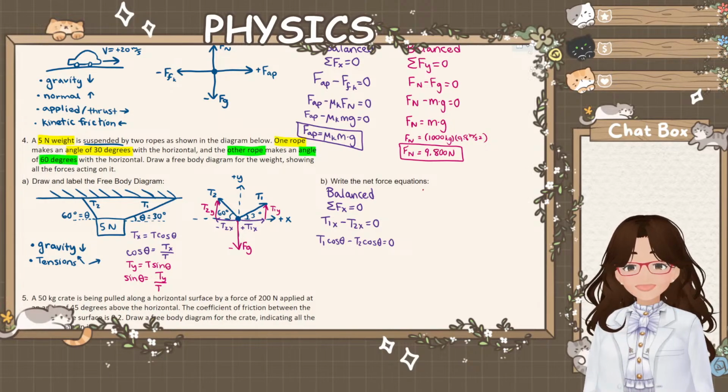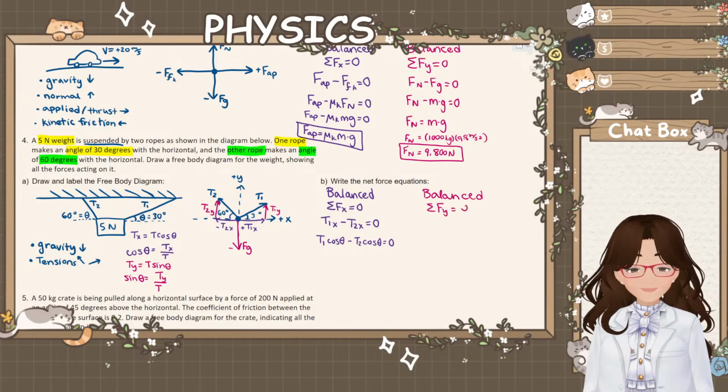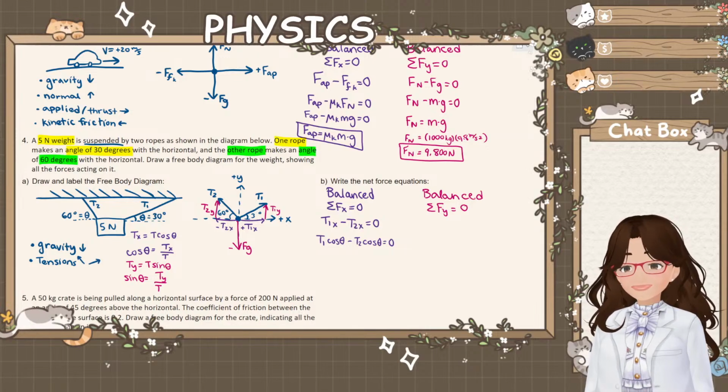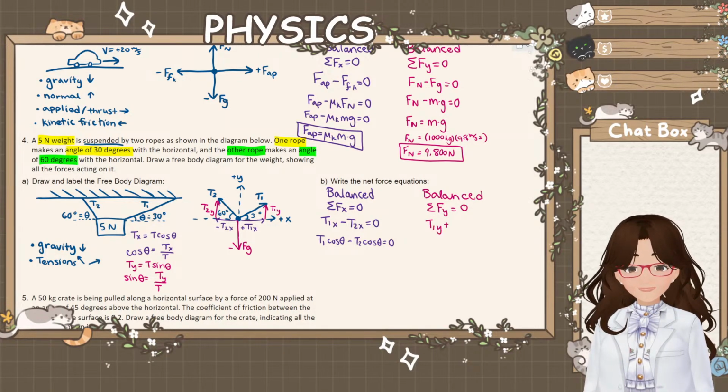And our other statement, we're going to have that they are also balanced. Therefore, our net force in the y direction is going to be equal to 0. And in this case, I'm going to have three forces. I have the positives always, T1y plus T2y minus Fg is equal to 0.